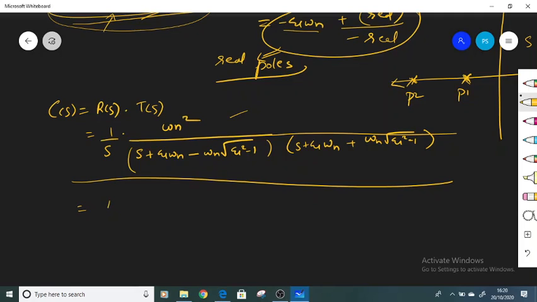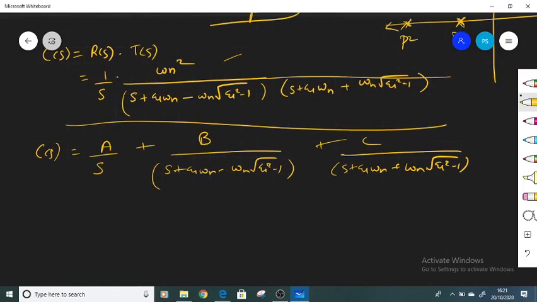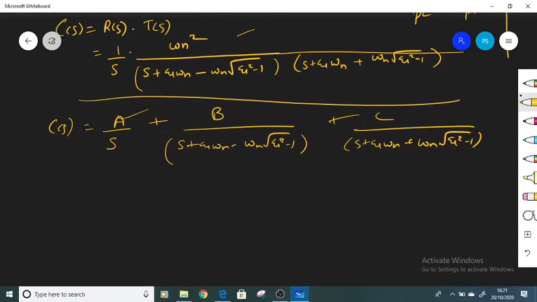So I can write this equation as A divided by s, plus B divided by the first root, s plus zeta omega n minus omega n under root of zeta square minus 1, plus C divided by the third root, s plus zeta omega n plus omega n under root of zeta square minus 1. So this is how my output will look if I use the partial fraction method. After you split it and find the values of A, B and C, which is the simplest case of partial fractions, you can easily take the inverse Laplace transform of it.